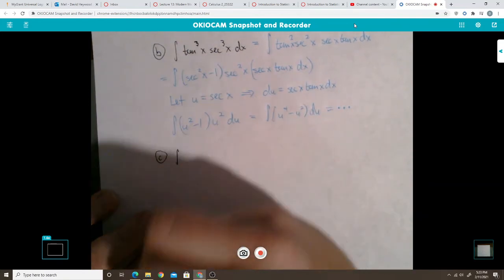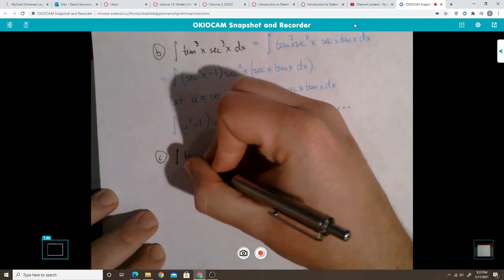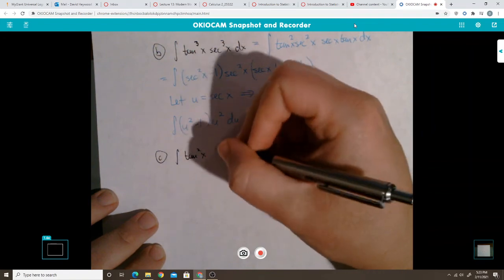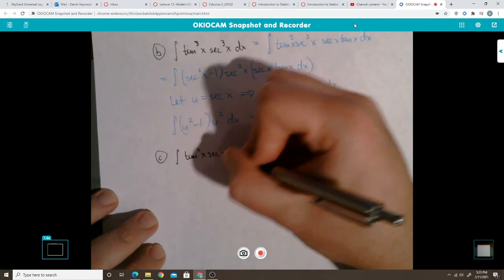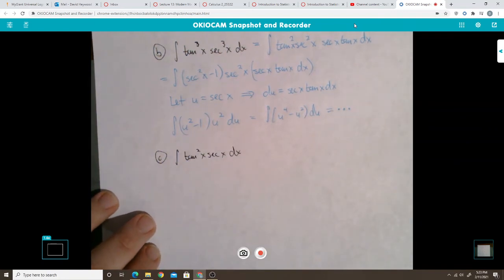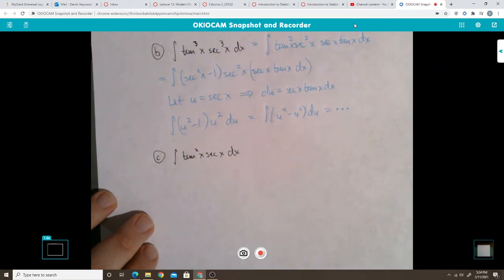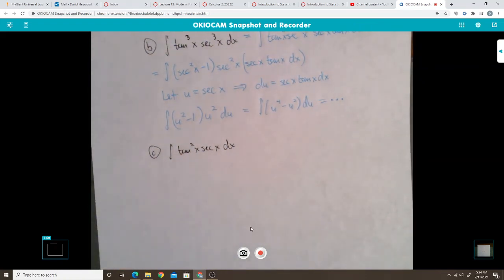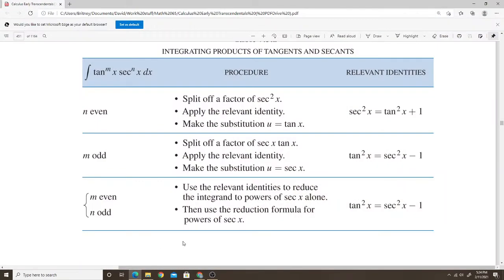Let's do the integral of tangent squared x secant x dx. Okay, so this is a scenario where m is even and n is odd.